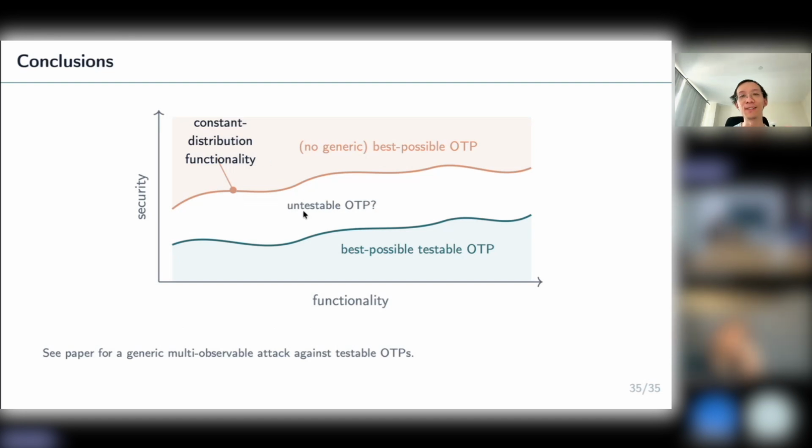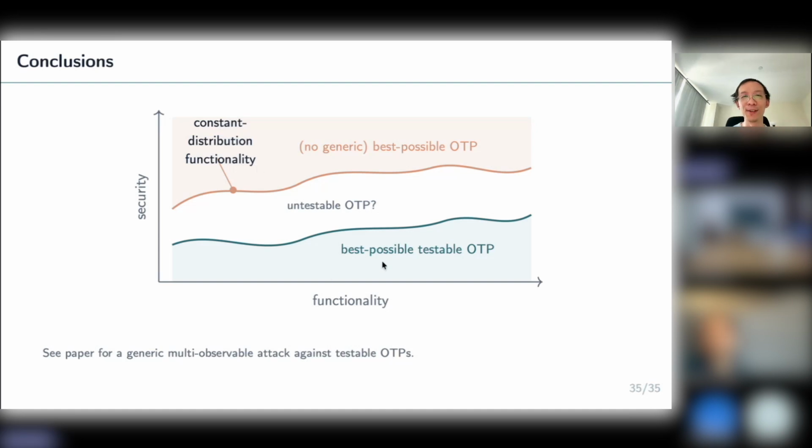So this still leaves a gap between best possible one-time program and best possible testable one-time program. These two lines are untestable one-time programs. So a natural question, which I find fascinating, is: can you come up with untestable one-time compilers, beyond this somewhat useless counterexample?